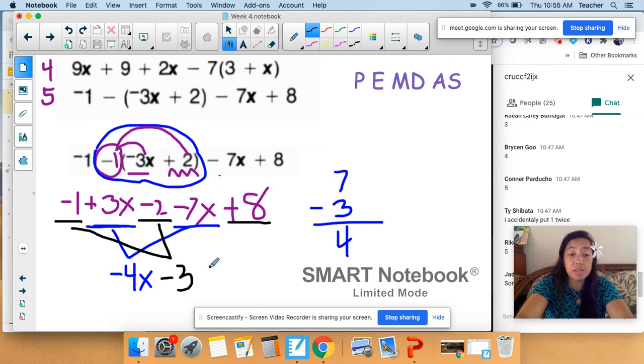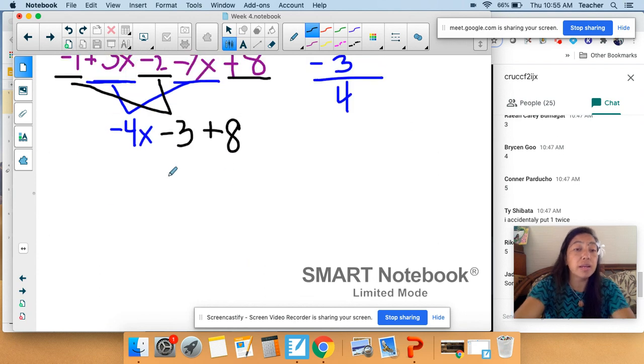But we still have this plus 8, so it's good to just bring it down. Then combine these. Negative 3 plus 8, that is different signs. So again, different signs subtract. 8 minus 3 is 5. Keep the sign of the larger, which is the plus 8. So it is a plus 5.